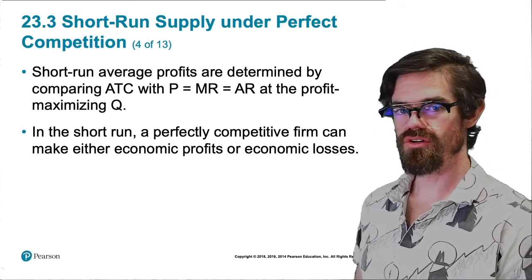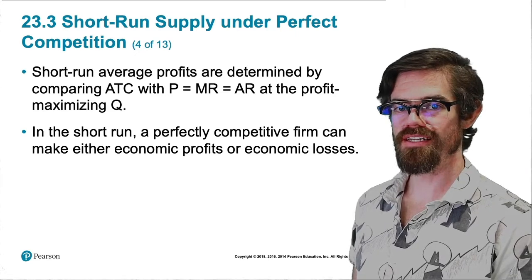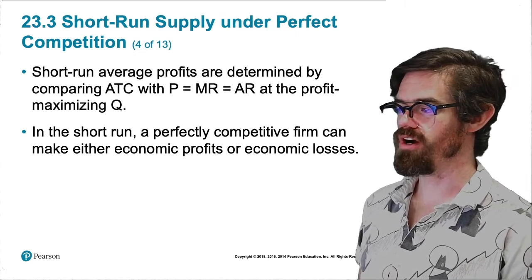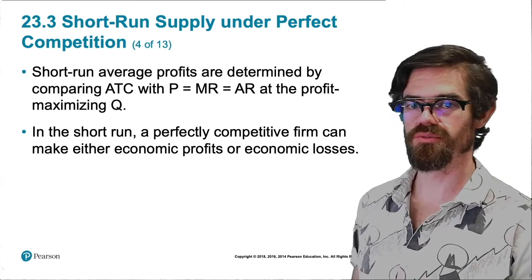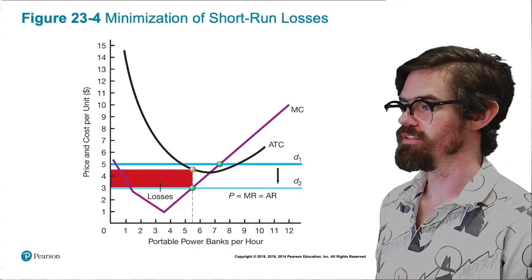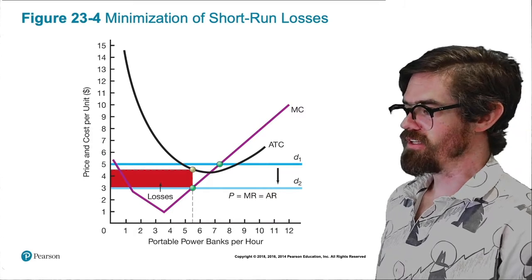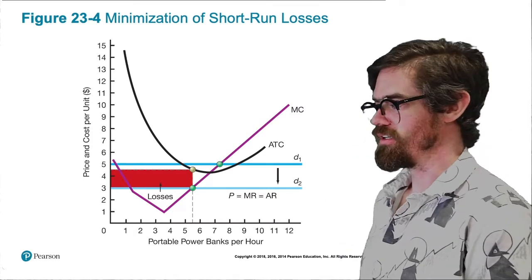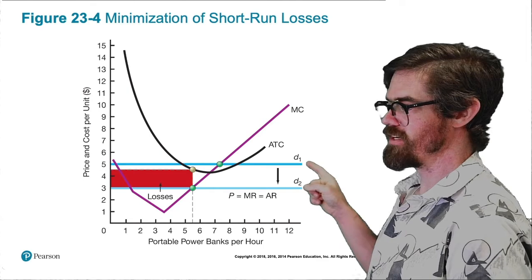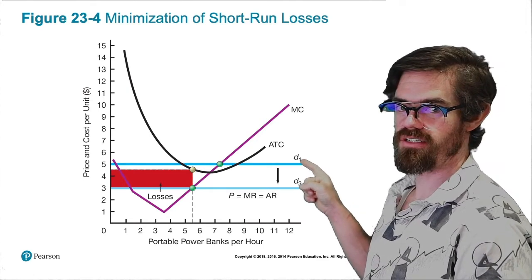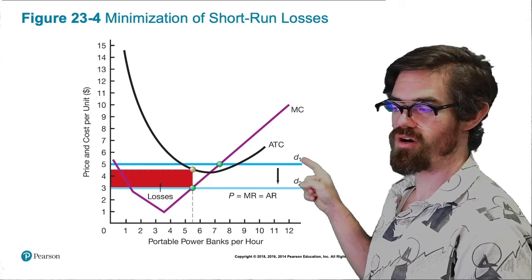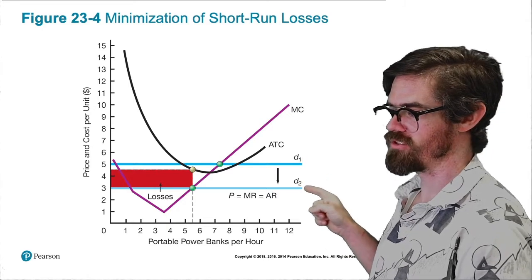Now, in the short run, the firm isn't necessarily always making profits. It can sometimes also make losses, which makes sense, right? Firms don't always make profits. So what do losses look like? This is what losses would look like, right? So here we go. We've got demand 1. Now, suppose there's some event that causes the price in the competitive market to drop from $5 to $3.